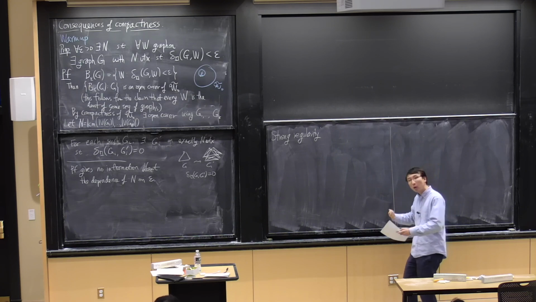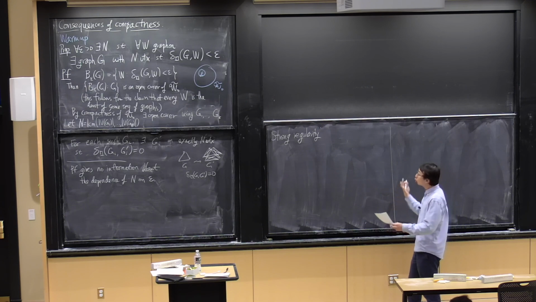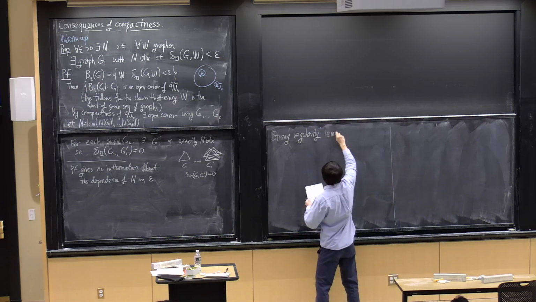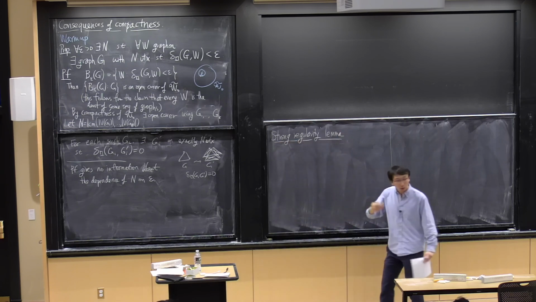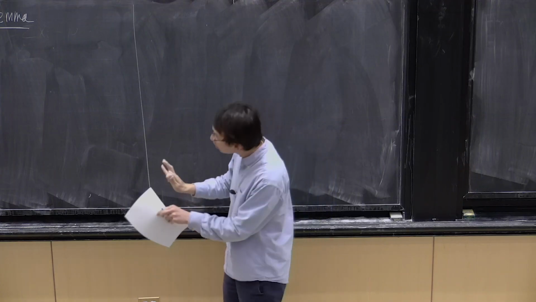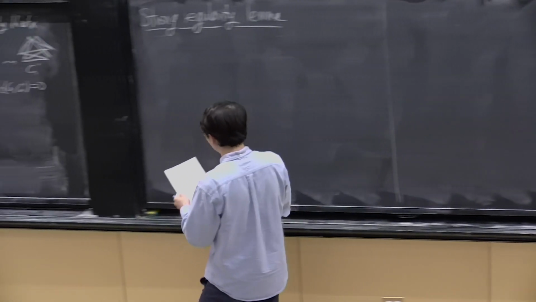And now let me show you how you can use the weak regularity consequences, namely compactness, to bootstrap itself to strong regularity. We saw a version of strong regularity in the earlier chapter when we discussed Szemerédi's regularity lemma. Let me state it in a somewhat different looking form, but that turns out to be morally equivalent.